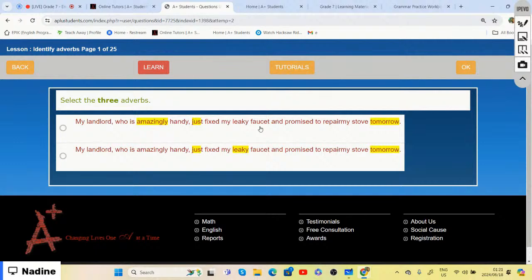Or is it option two, which is just, leaky, tomorrow? We need to identify the three adverbs within that sentence. The sentence that says, my landlord, who is amazingly handy, just fixed my faucet and promised to repair my stove tomorrow.